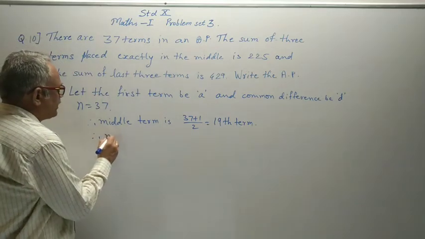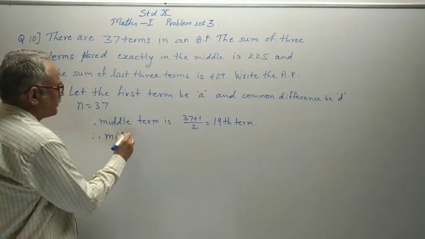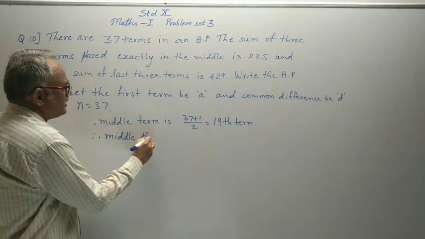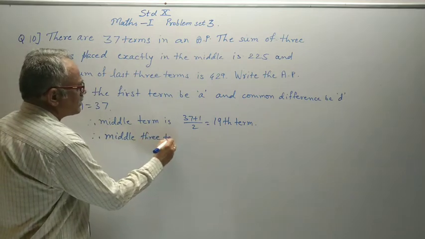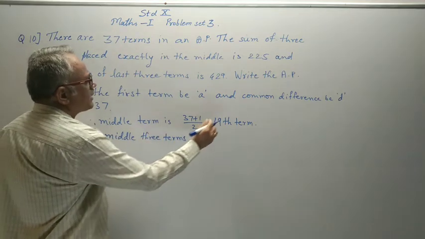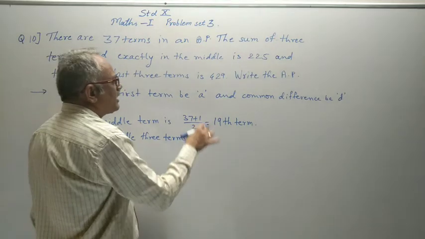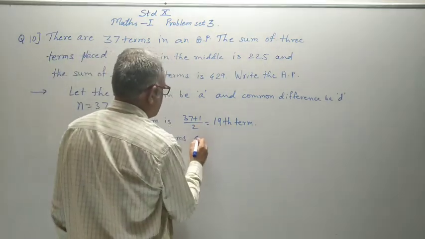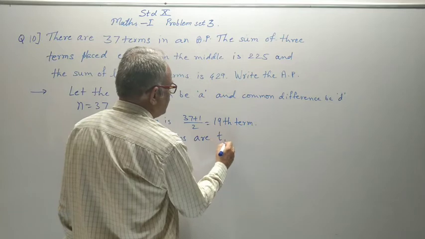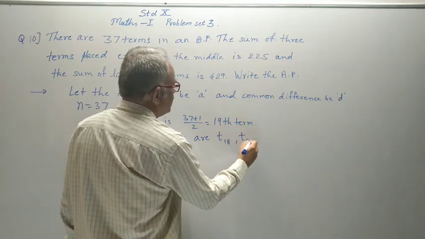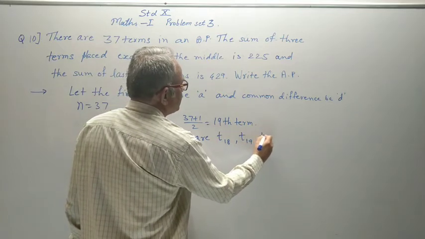Therefore, the exact middle is 19, so the middle three are 18, 19 and 20, that is T18, T19 and T20.